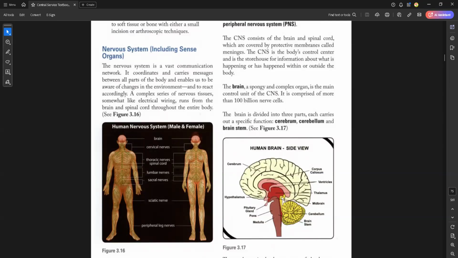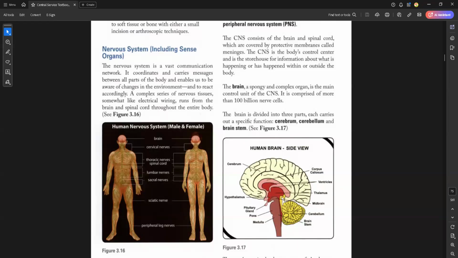The brain has more than 100 billion. So the brain is divided into parts. We have the cerebrum, cerebellum, and then the brainstem. As you can see in the picture, they are shown over there, and each of these plays a unique function.